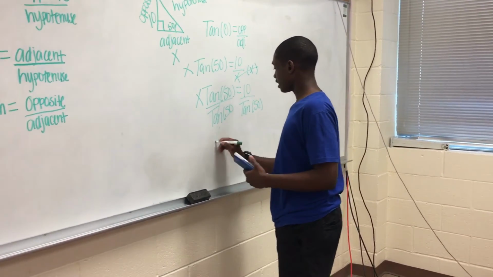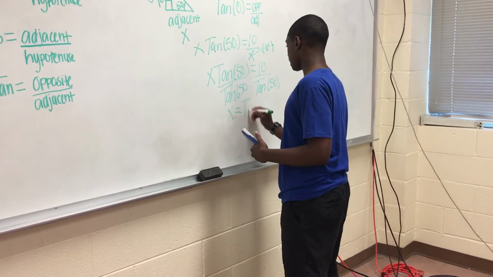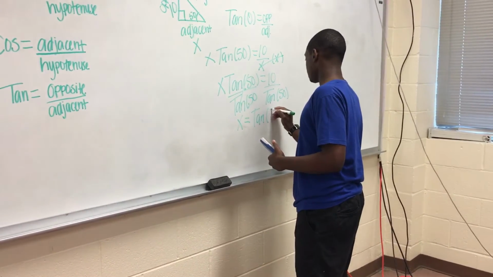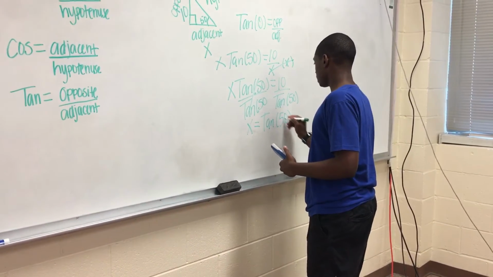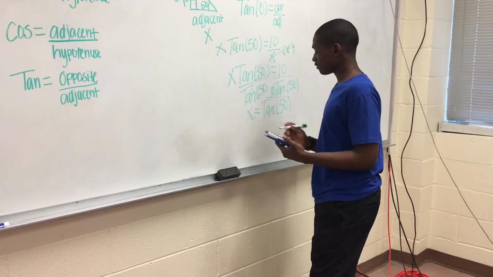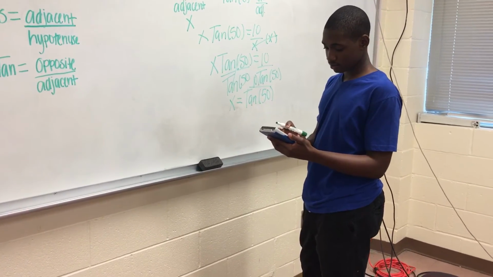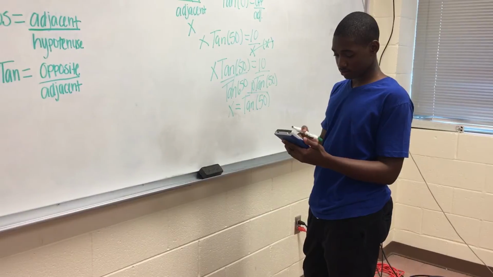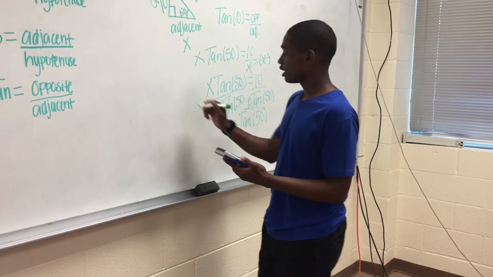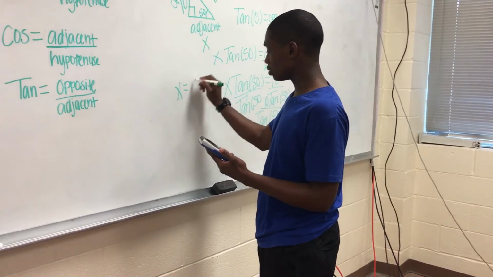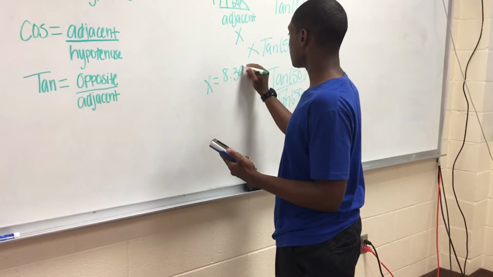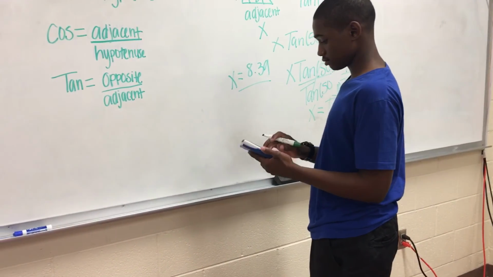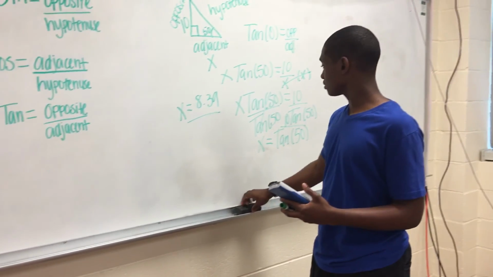And you'll have x is equal to 10 divided by the tan of 50. X is equal to 8.39. That's it.